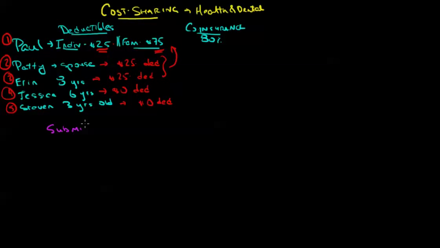Let's say that Paul submits a claim. We'll say it's a new year here, so new deductibles. And he submits a claim for $360. So the first thing you'll find is that it's not necessarily going to be fully covered, this claim. We have to look at what is eligible.